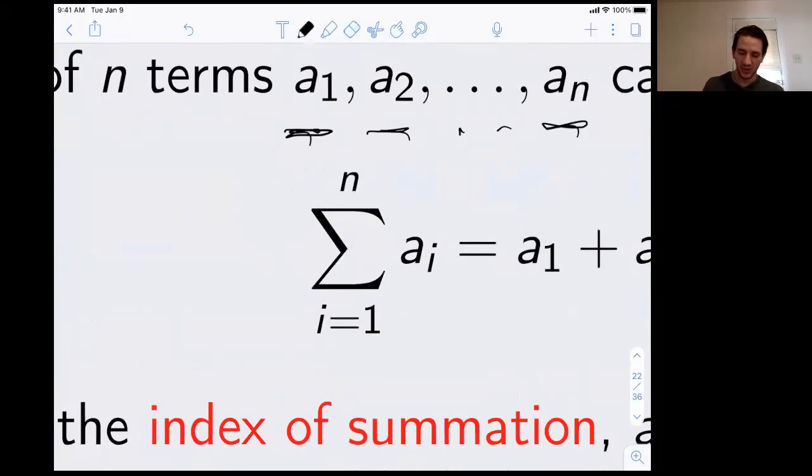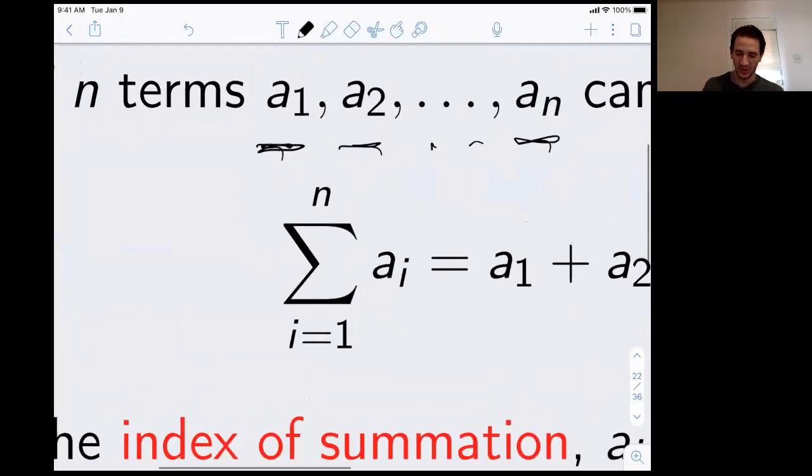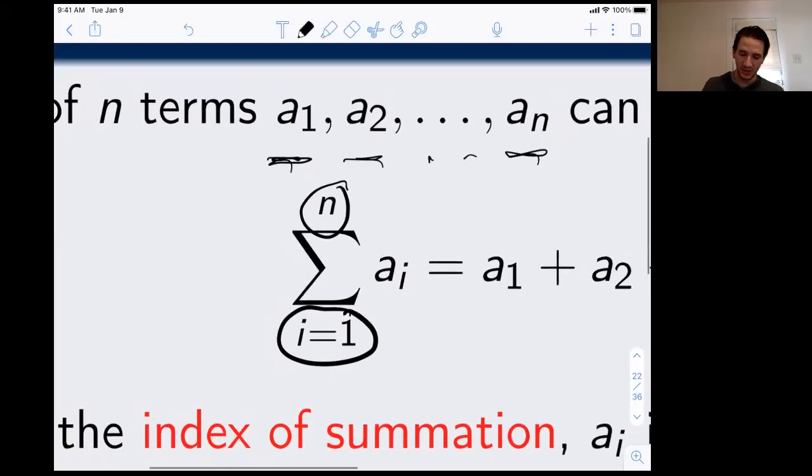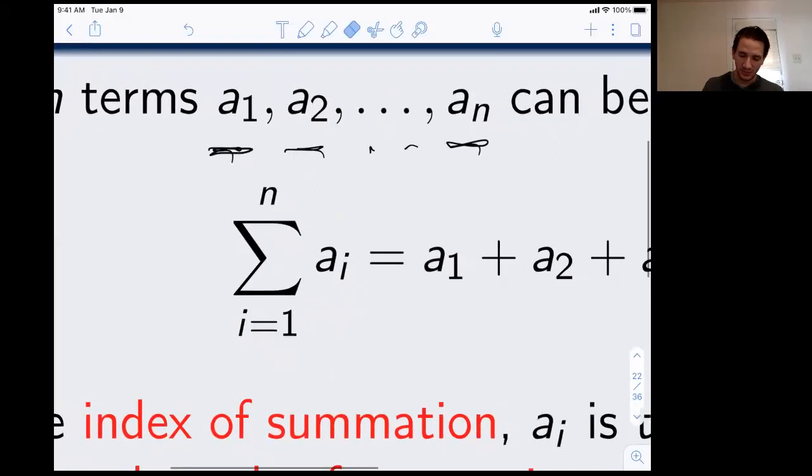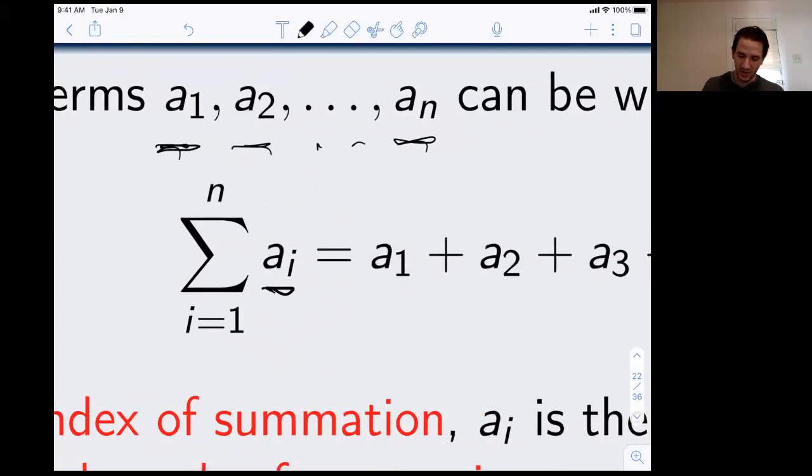Okay, and so we write the sum, I will usually say the sum of a_i from i equals 1 to n. So the sum starts at i equals 1 and goes up to i equals n. And so all this means is you start off and you let i equal 1, and you write that term down.